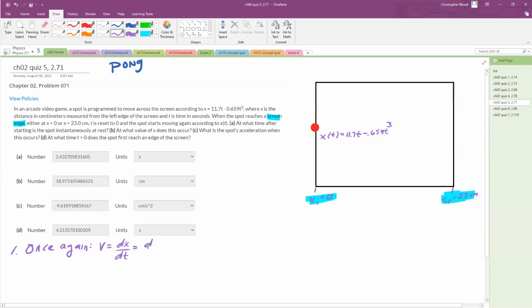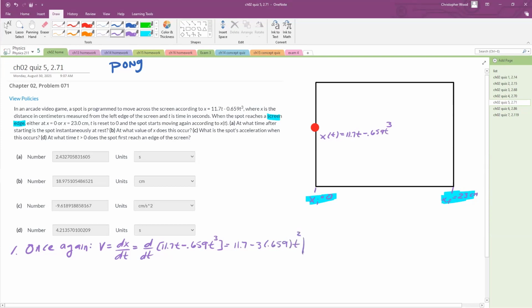So our job is to take the first derivative of the position function, which is 11.7 t minus 0.659 t cubed. That equals 11.7 minus 3 times 0.659 t squared.